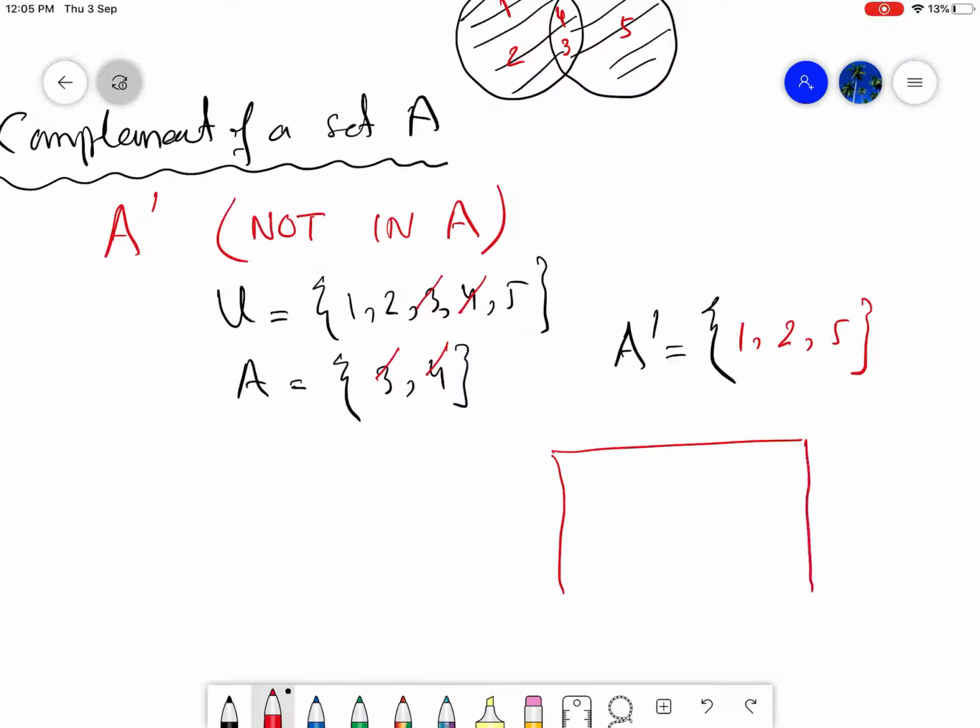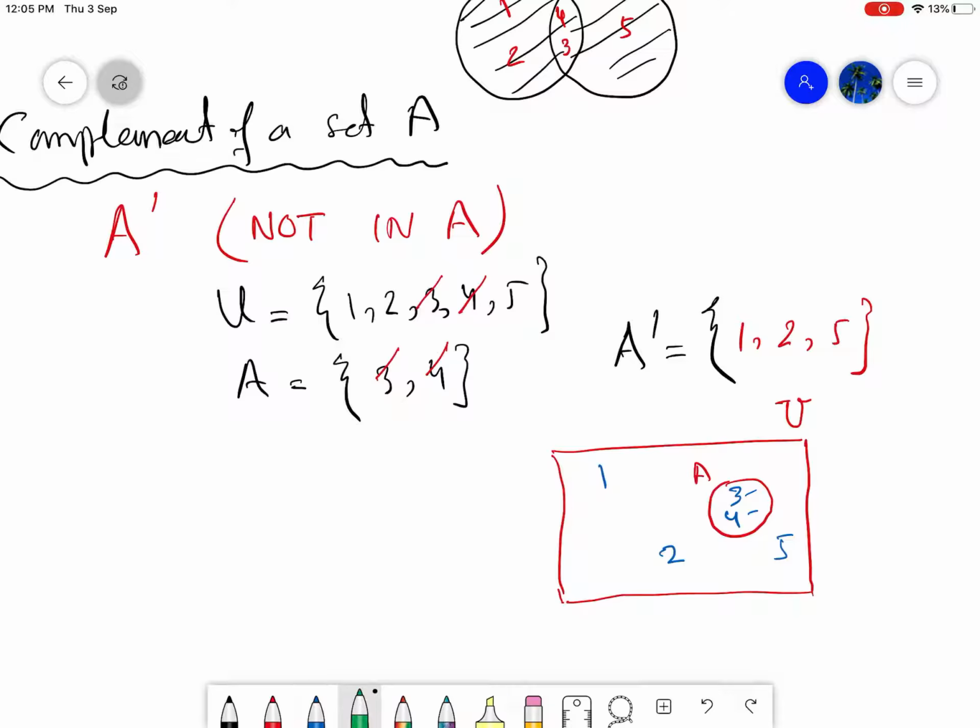For the Venn diagram, you can just represent the universal set with a rectangle, and this is set A, which is inside the universal set because A is a subset of U, so A must be inside U. So the elements of A are 3 and 4, and elements of U are 1, 2, 3, 4, and 5 because A is contained in U, and you are not supposed to repeat.